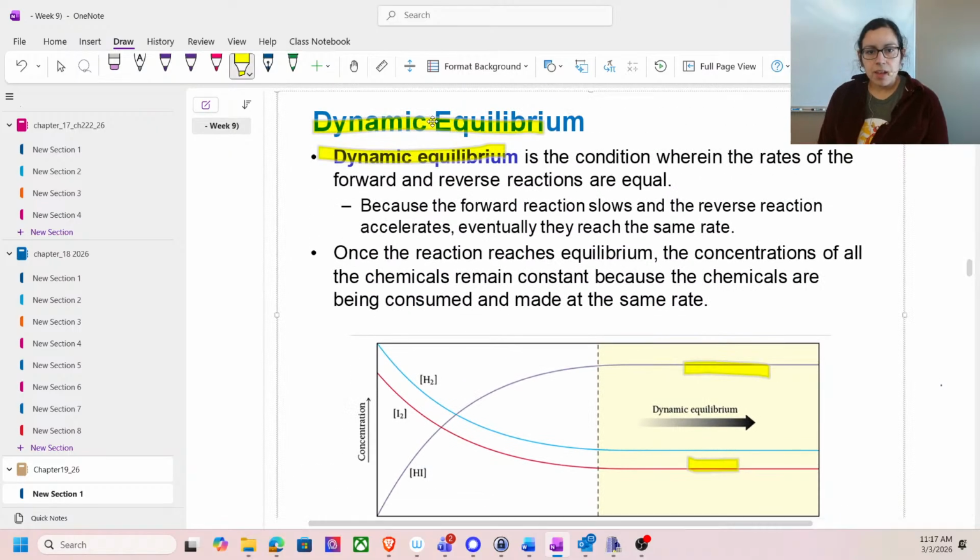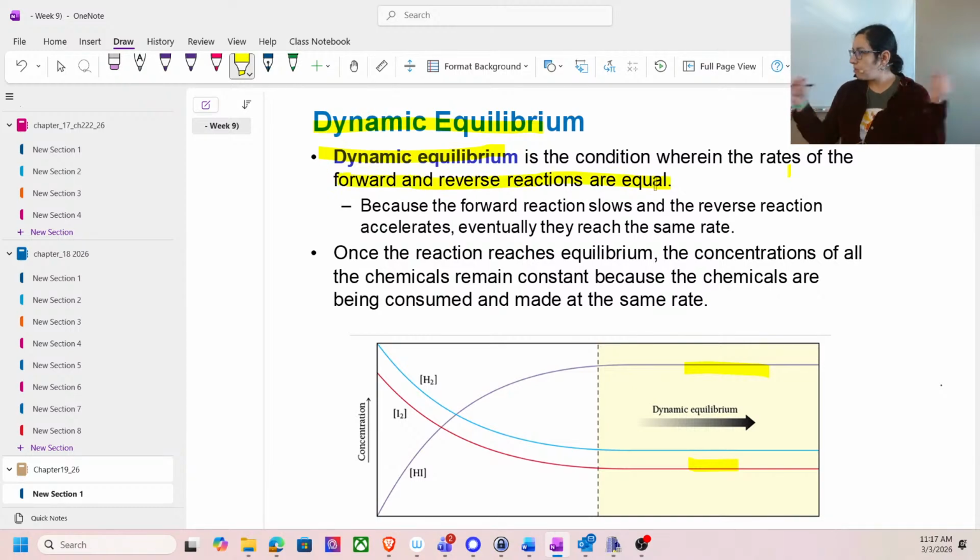And so we see equilibrium is just defined where the rates of the forward and reverse reactions are equal. So there's still action happening on the individual molecular level. But as we can see by this graph here, our overall concentrations are remaining unchanged at equilibrium.